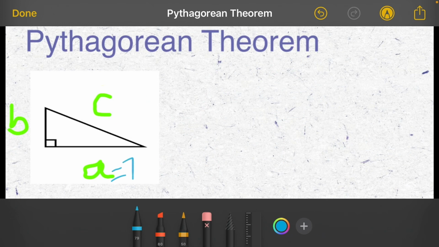Okay guys, now let's take another example where the value for b is unknown. Let's assume that the value for a equals 7 and the value for c equals 9 centimeters, and we need to find the value for b. Let's write the Pythagorean formula again.